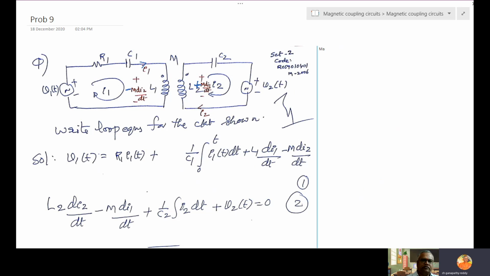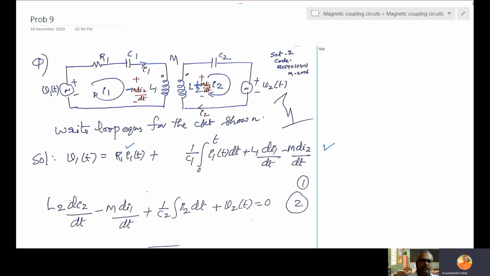Now you write the equation. V1 of t is equal to R1 into I1 of t plus 1 by C1 integral I1 dt plus L1 di1 by dt self. Going from positive to negative is plus, but value is minus. So minus M di2 by dt.